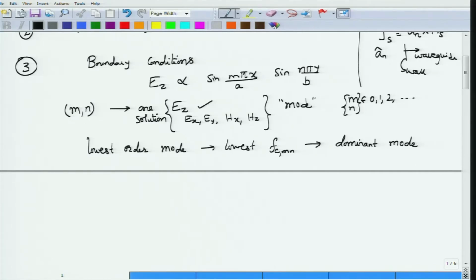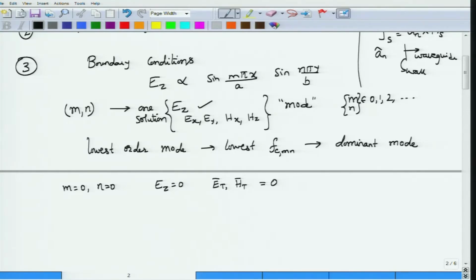Alright, let us try to find the dominant mode for the TM mode case. In the TM case, the functional forms are sin m and sin n. If I put m equal to 0, n equal to 0 in the hope of obtaining the lowest order mode, I will not obtain anything, because Ez will be 0, which also makes the transverse electric and magnetic field components go to 0.